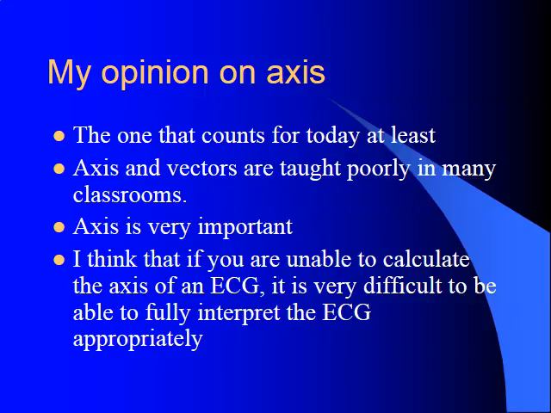I do think that axis is very important. It plays an important role in seeing subtle changes to the ECG. It's difficult to have a really good feel for the ECG without having a good understanding of the electrical axis.